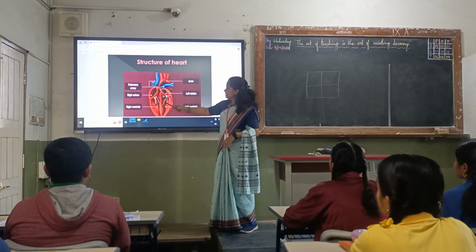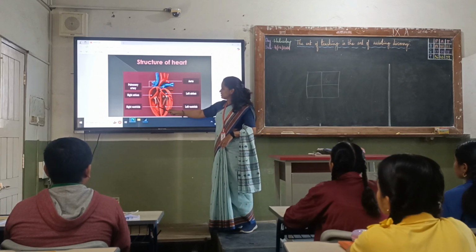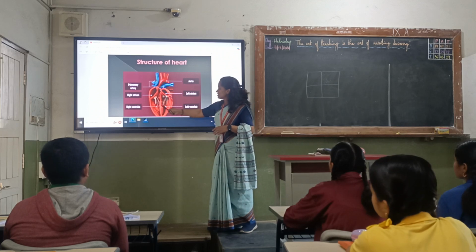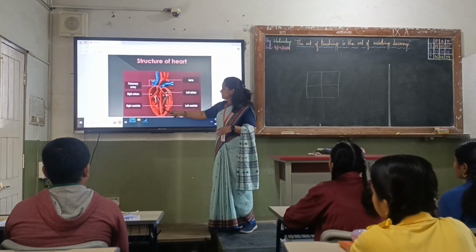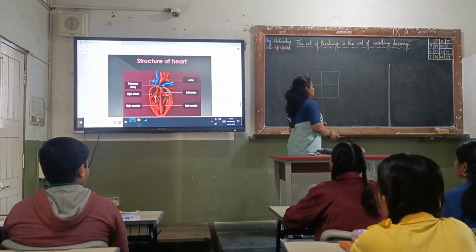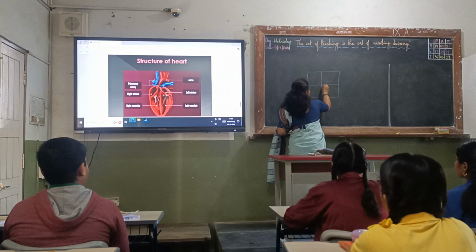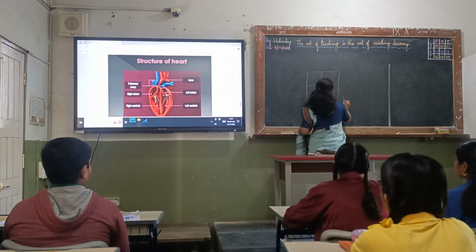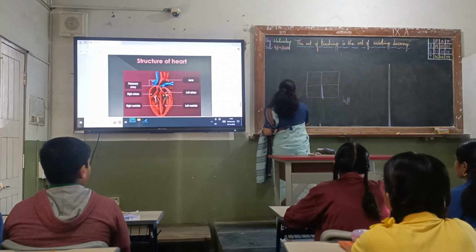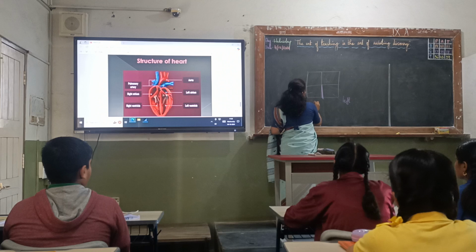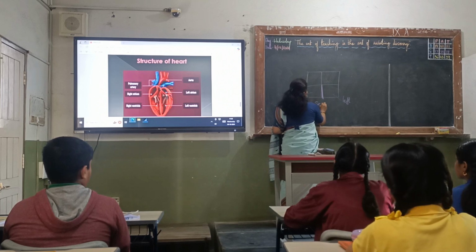In between these two sides, left and right, you can see a muscular wall, that is called the septum.